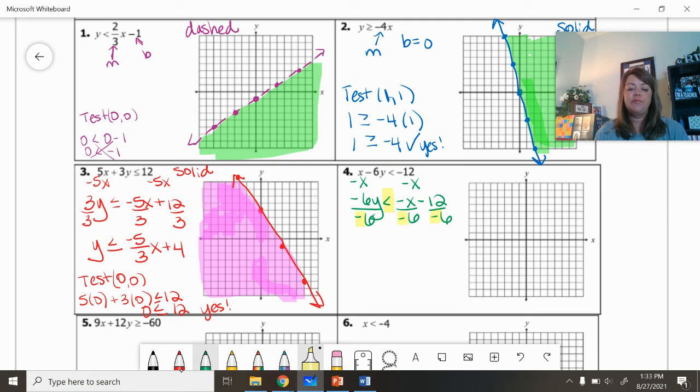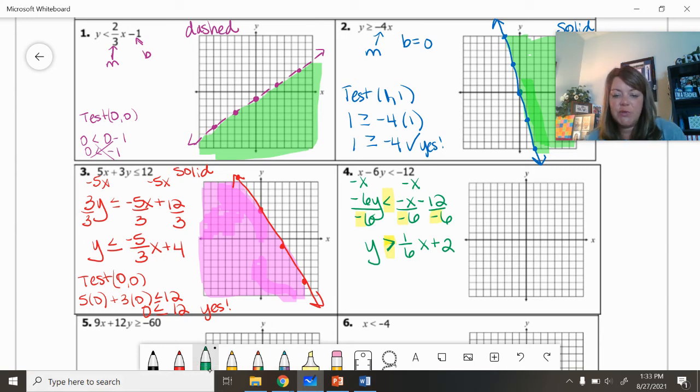So it becomes y is greater than, 2 negatives make positive, 1/6 x. 2 negatives make positive, 12 divided by 6 is 2. So I had to flip that sign. I don't need to magically make it an equal to because it's not. But it certainly went from a less than to a greater than. Okay? Goes from a less than to a greater than.